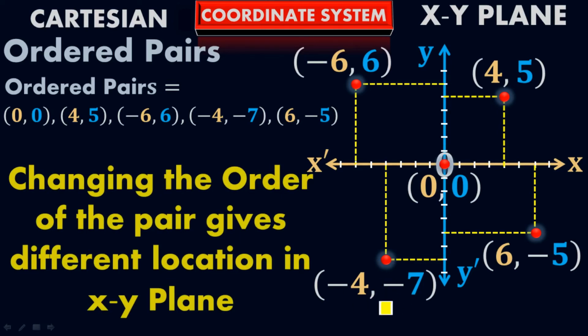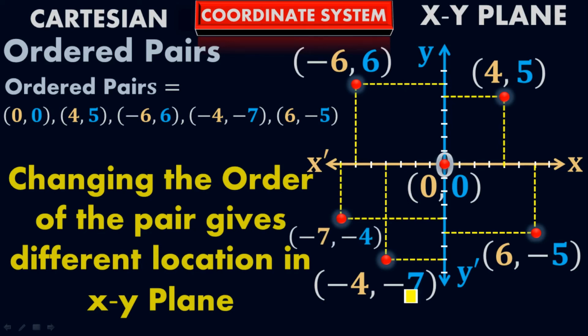If we change the order of the ordered pair, like I told you, if I put negative 7 for the x and negative 4 for the y, it will absolutely change the location of this point in the XY plane. This point will be in a different place if we change the order. So let's try. At this point we have negative 7 along the x-axis and negative 4 along the y-axis.